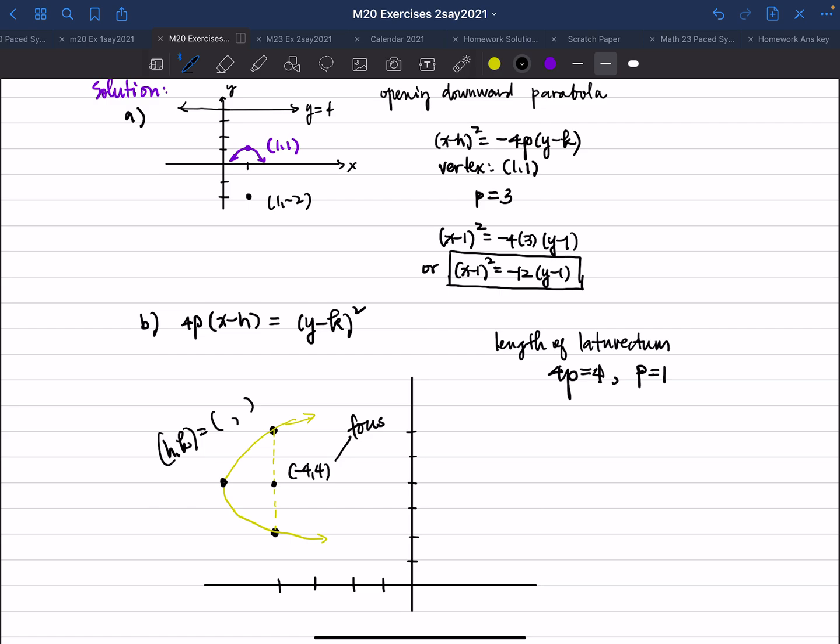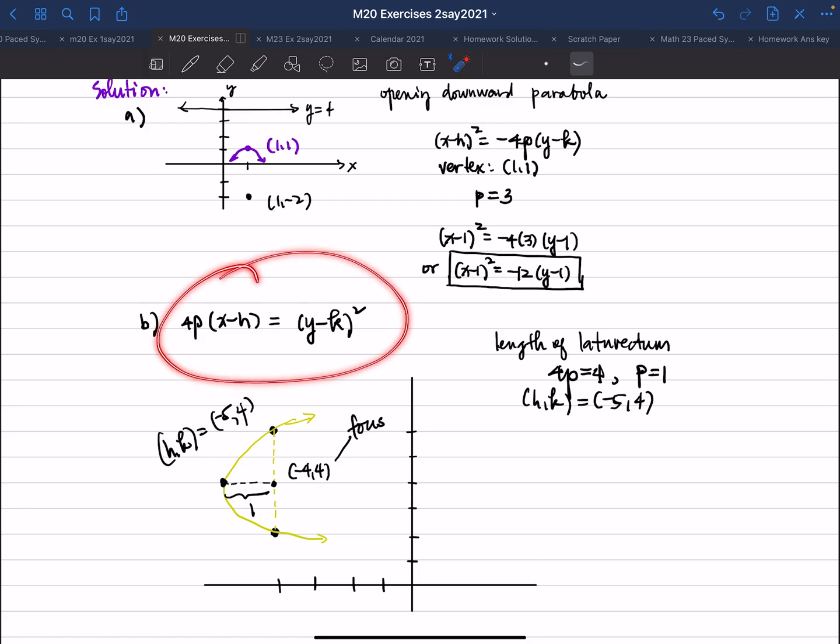And according to the property of a parabola, focus to (h, k) or vertex, that is p. In this case, our p is 1. So this is 1 unit. And what is the x-coordinate? Negative 4 minus 1 is negative 5. And what is the y-coordinate of this point? 4. So (h, k) is (-5, 4).